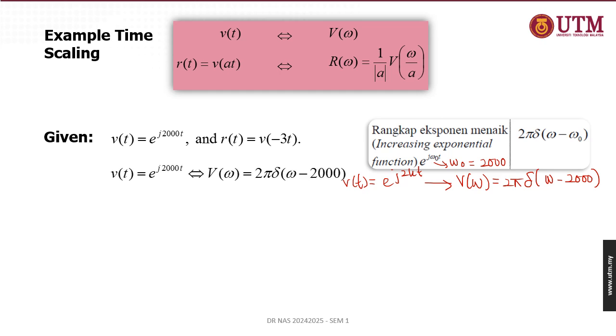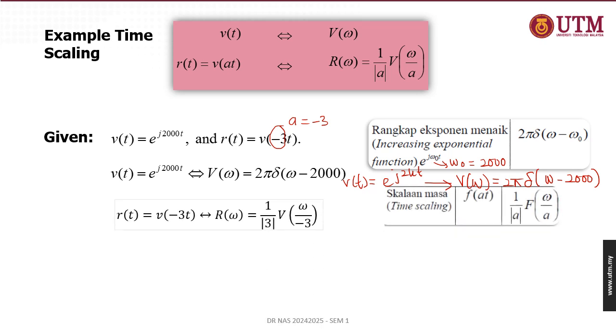Next, your r(t) equal to v(minus 3t). Obviously you will notice that the signal is scaled in t by a. In this case, your a equals minus 3. Again, refer to the table for the time scaling signal. It is equal to this equation, and in this case your a is minus 3.